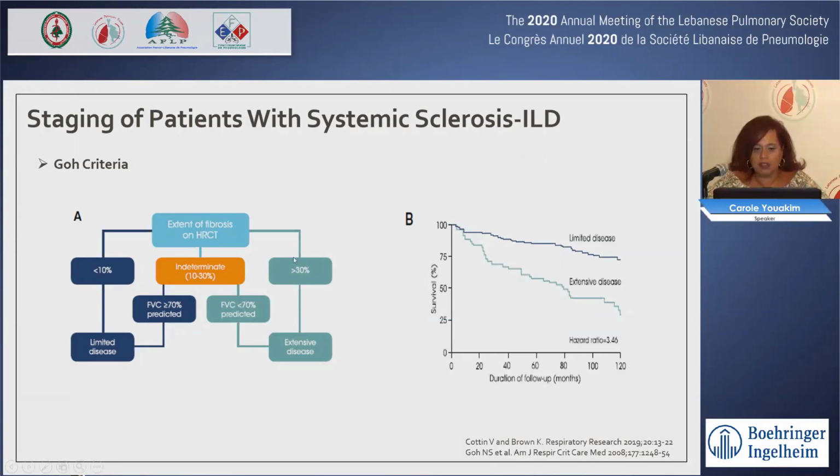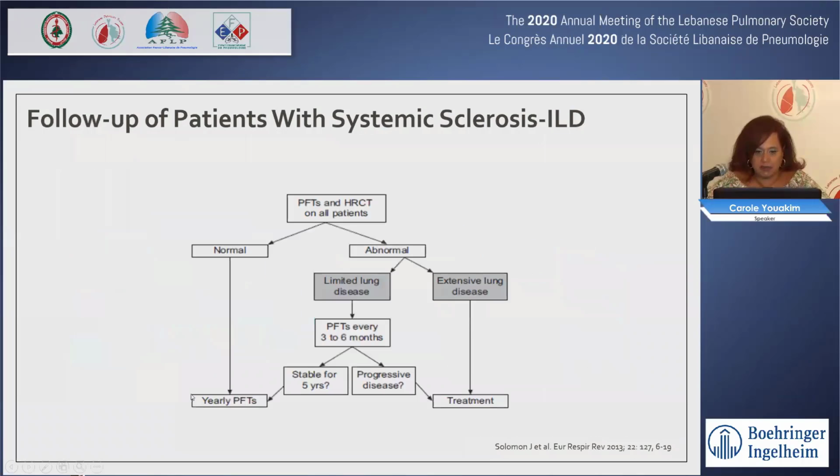Patients with more than 30% fibrosis on HRCT are considered to have extensive disease, and in patients with 10 to 30% fibrosis, excuse me, patients with an FVC less than 70% predicted are considered to have extensive disease, and patients with an FVC more than 70% predicted to have limited disease.